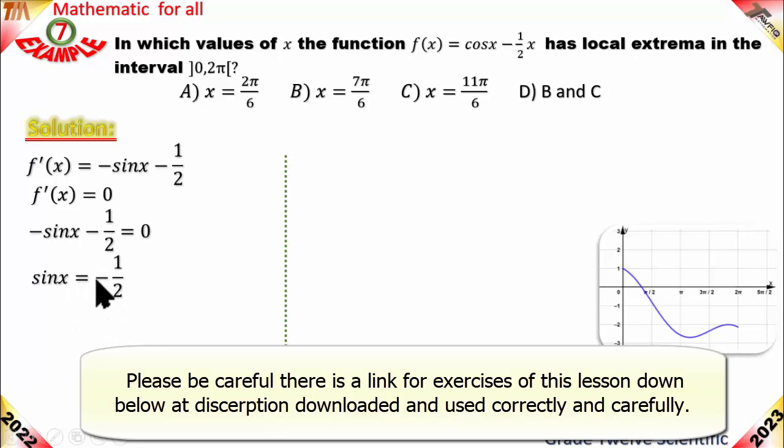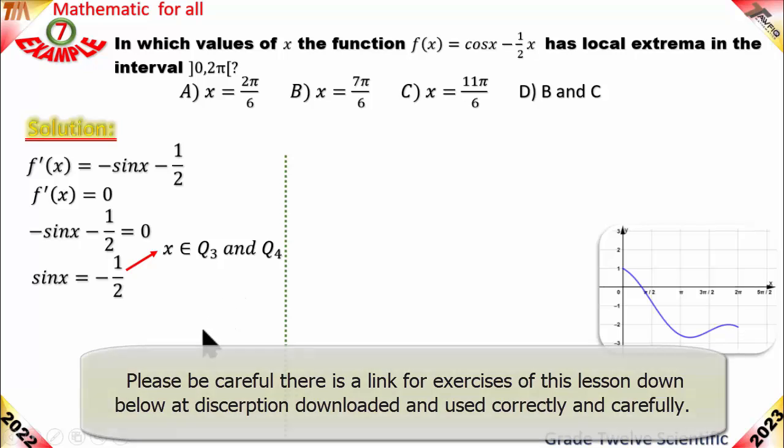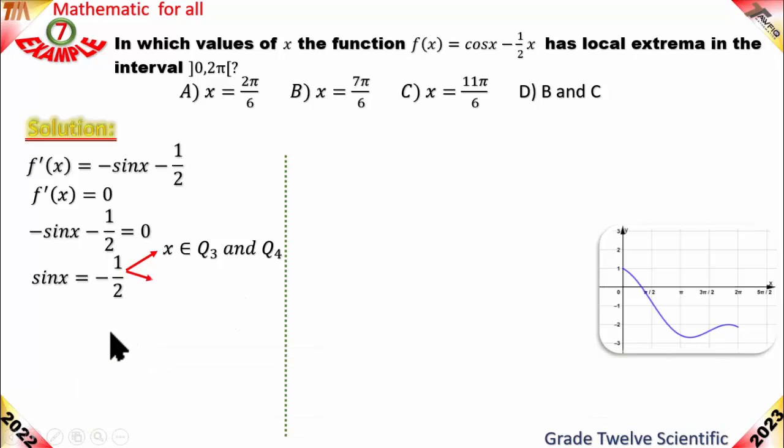Because the sign is negative, x belongs to quarter number 3 and quarter number 4, and the standard value of x is pi over 6, that means 30 degrees.